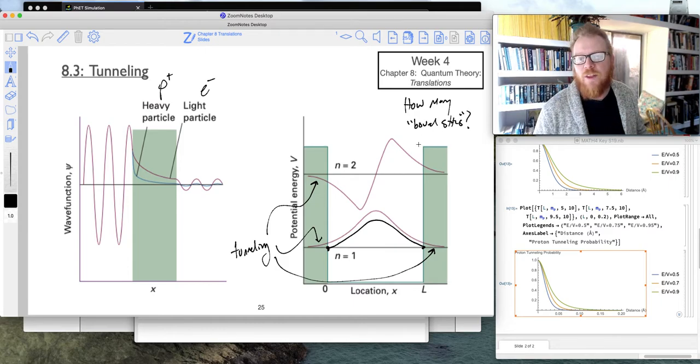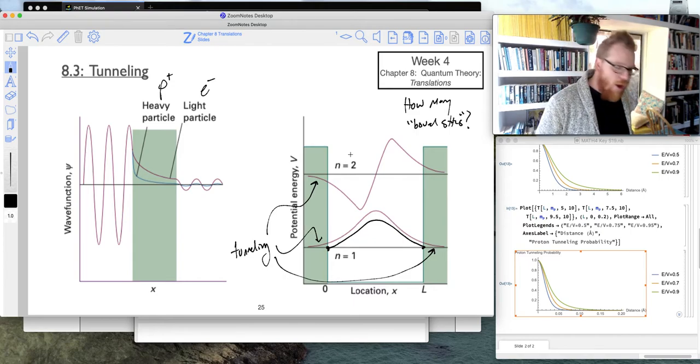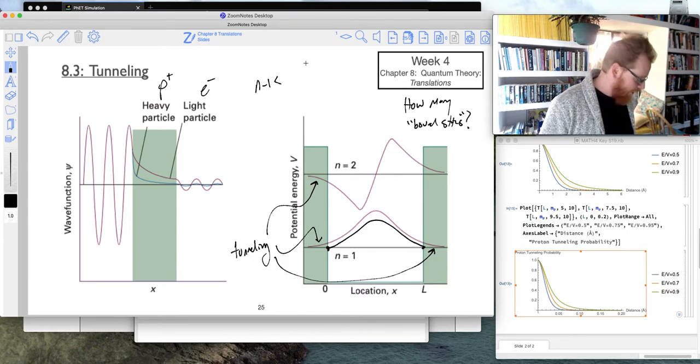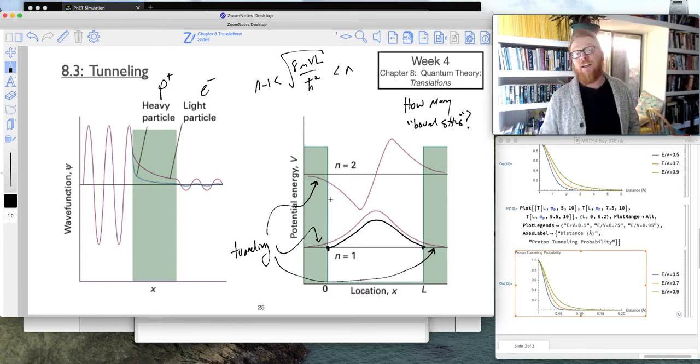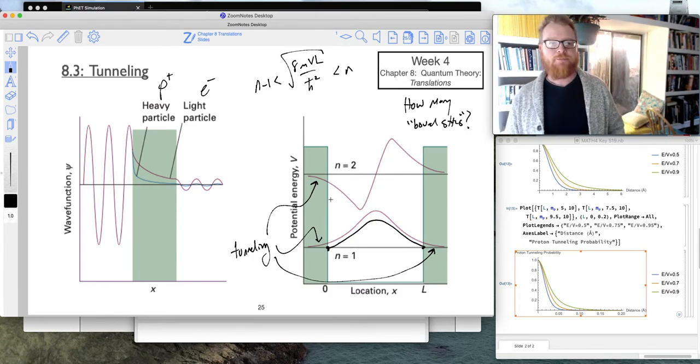We will later call these bound states orbitals, okay? So there's an equation that comes as n minus 1 is less than the square root of 8mVL² over h bar squared, which is less than n, where n is the number of states.